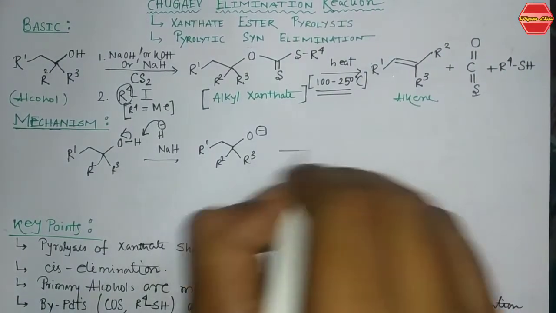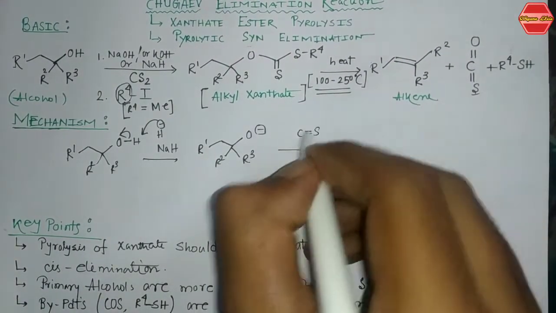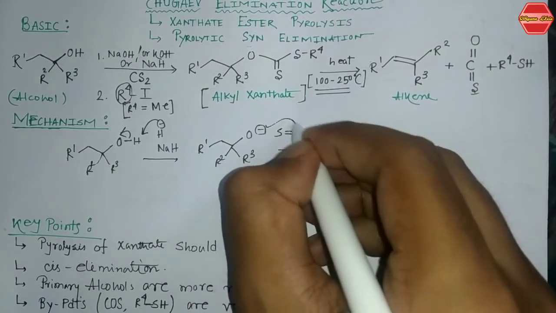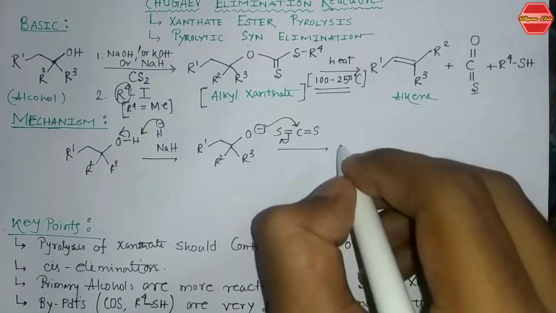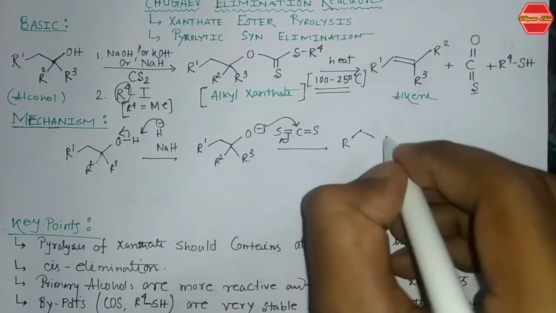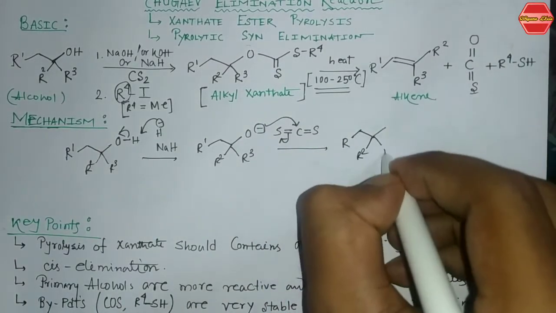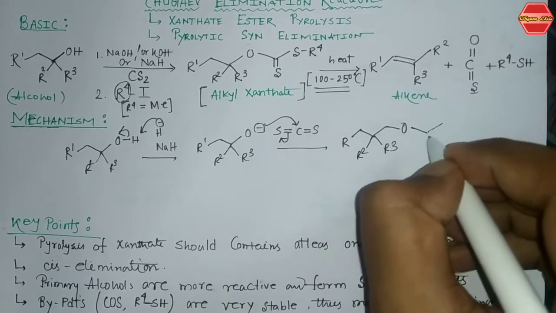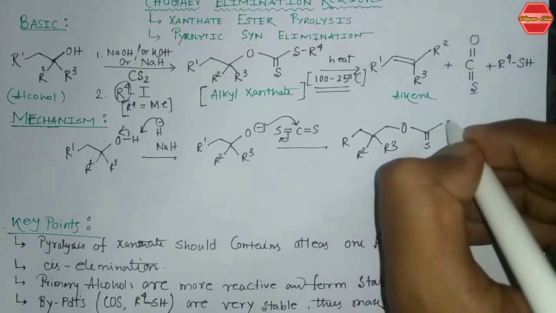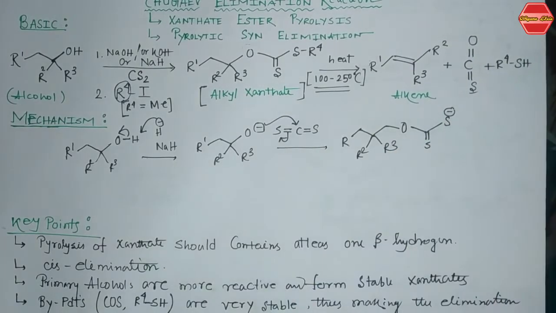Now you are using carbon disulfide. So this negative charge directly attacks this carbon center, and you get this one, R2 and R3, and here you have the oxygen, and you can see here your double bond S, and this S is negatively charged.